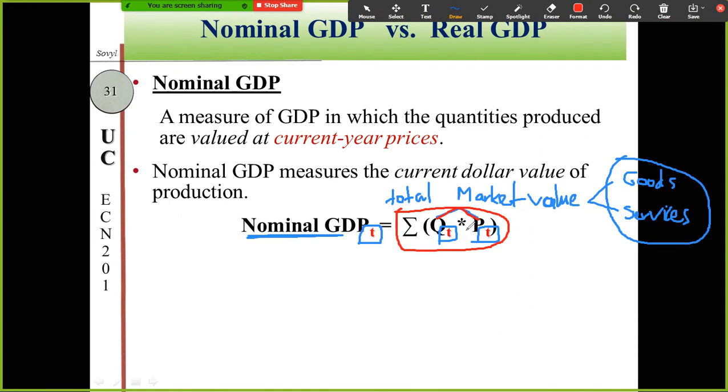But make note that market value at year T comes from the quantity at year T multiplied by the price of year T. That's why this is what we call nominal GDP year T.